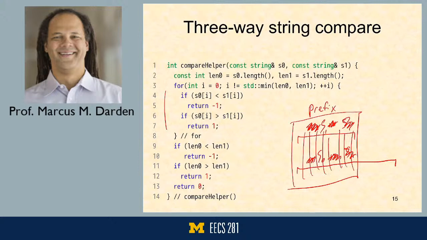Then after that, all I need to do is check the length. If they're equal through the prefix, then the shorter one shows up first in the dictionary. We saw that from our lexicographic order chart earlier. So the parts on lines 9 to 13 are just a constant amount of work.